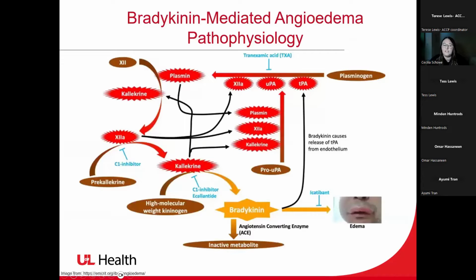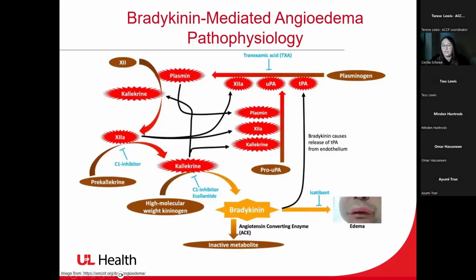This kallikrein turns our high molecular weight kininogen into bradykinin, and it's this buildup of bradykinin that then causes our bradykinin-mediated angioedema. Then we have this spiral where, in the endothelium, this bradykinin can release tPA, which can induce the conversion of plasminogen into plasmin, which again activates factor 12. We just have this positive feedback loop and continued elevation of bradykinin, which can lead to this edema and angioedema.